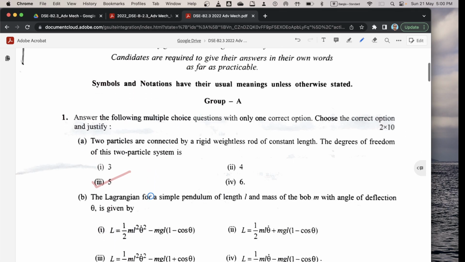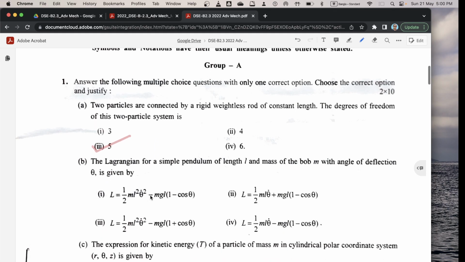Next question, 1b. The Lagrangian for a simple pendulum of length L and mass of the bob m, with angle of deflection theta, is given by: the correct answer is 1, L equals half m l squared theta dot squared minus m g l (1 minus cos theta).